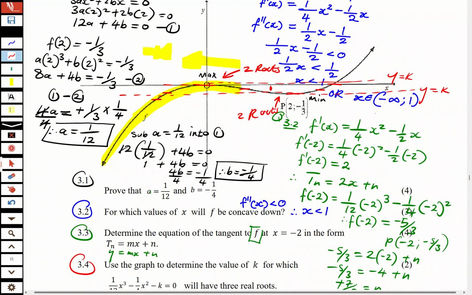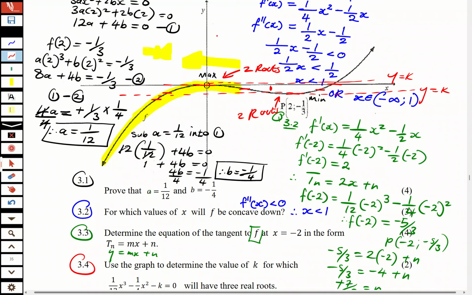you'll have three roots. So remember, I told you about the roots of your function: this is where the intersection happens. So k is a line that we are going to move, vertically, top and bottom, like that.